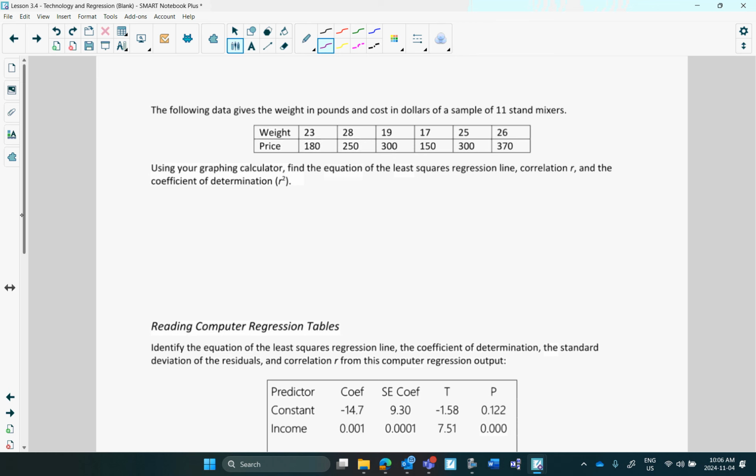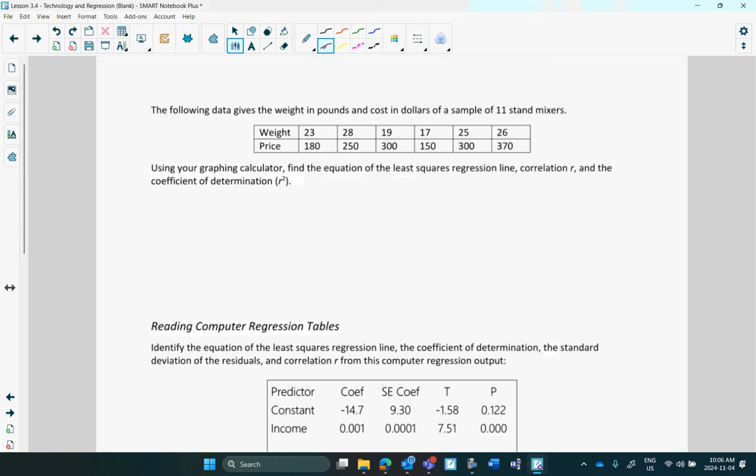And it gives you all the values you need. So it tells you A, which is the y-intercept. It tells you B, which is the slope. It tells you the correlation, 0.49. It tells you R squared, which is 0.24. All right, so here's how we do it.